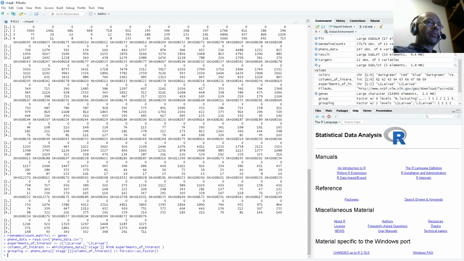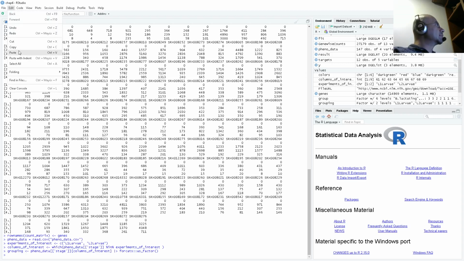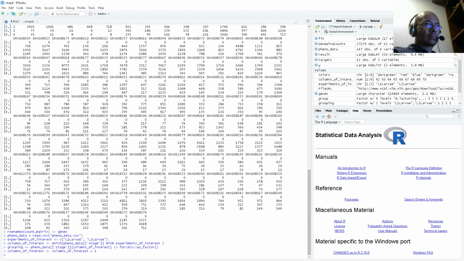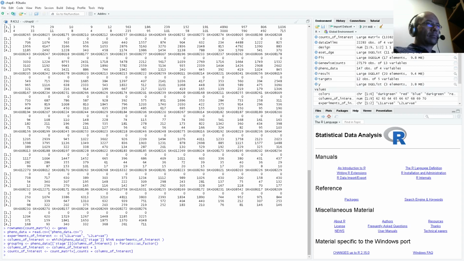Create a grouping factor based on our experimental design, and subset the count data to focus on specific genes or conditions. Construct the DGEList object, which stands for differential gene expression.